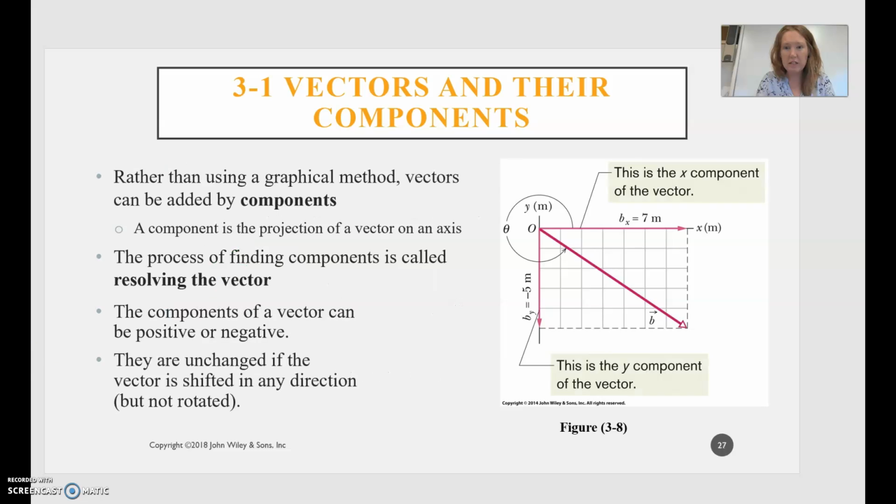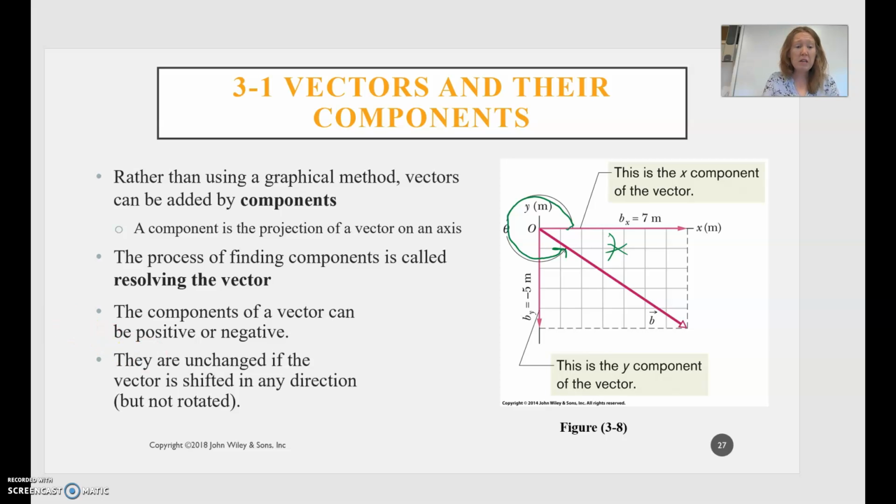Let me go back a slide. Notice here, they're measuring it with respect to the positive x-axis. So be careful if a problem doesn't give it to you that way. If they give you this angle instead, you need to use a different trig function.